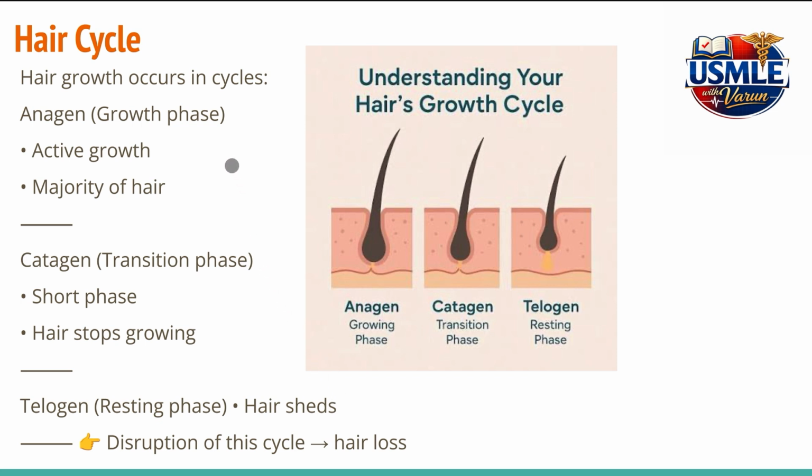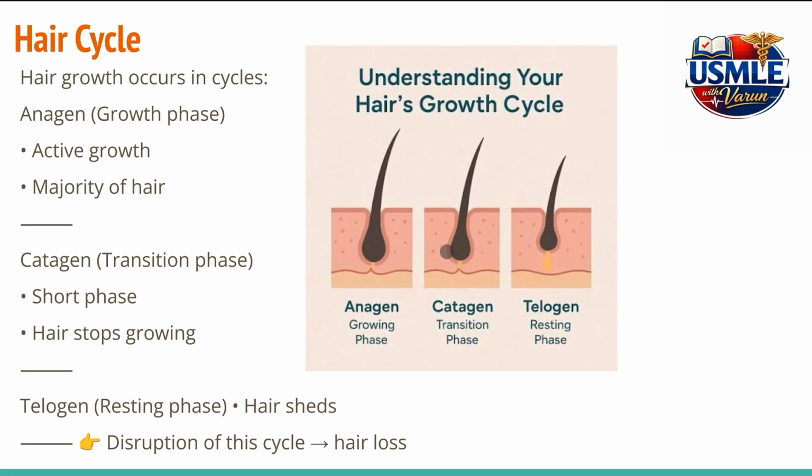Before we talk about hair loss, we must understand how normal hair grows. Hair growth occurs in a cycle in three phases. First is the anagen phase. This is where the hair is continuously growing, and most of our hair, around 90%, is in this phase at any given time. Second is the catagen phase.